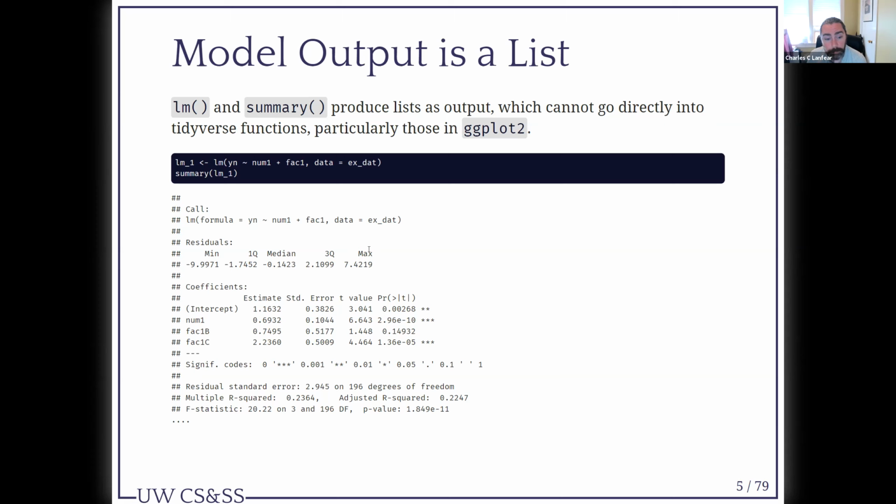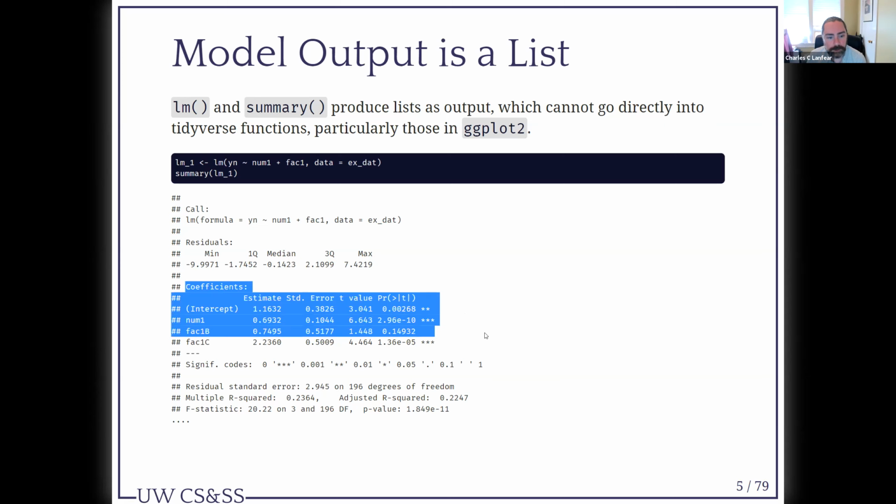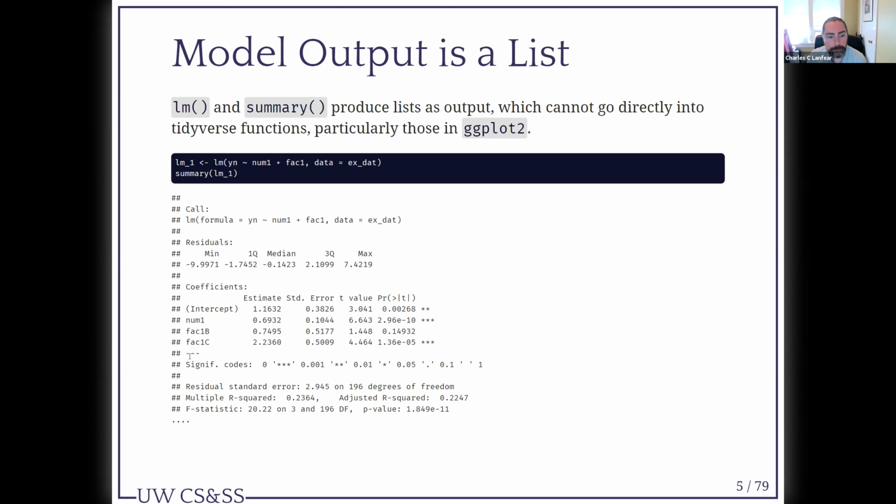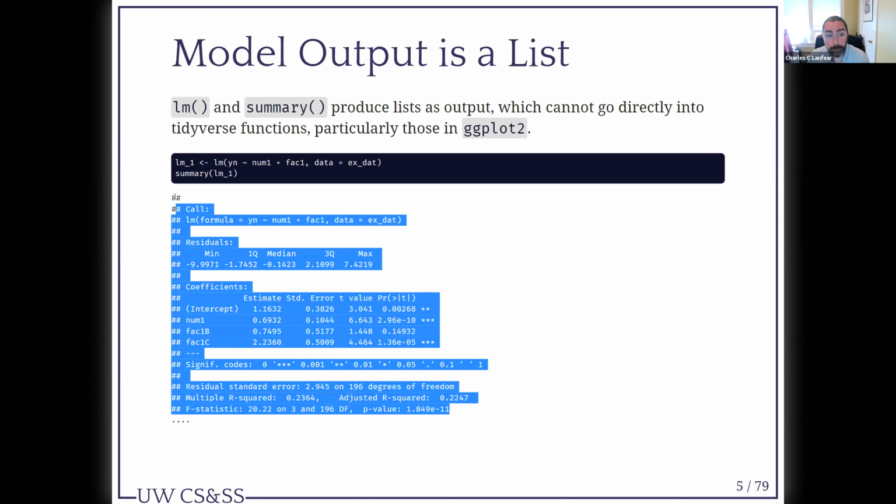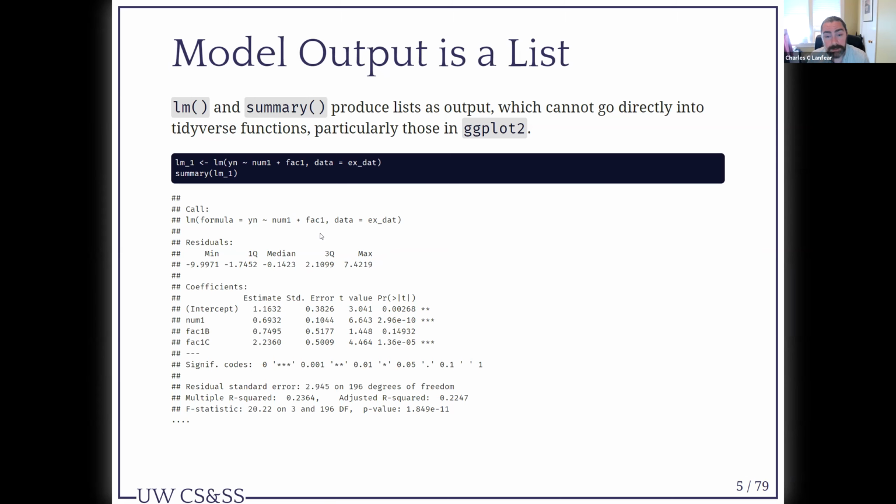This is a special print method of a list object, and it contains a whole bunch of different things: the call used to generate the model, information on overall model residuals, the coefficients in the model, some information on how to interpret them, and then a bunch of other junk like overall model fit stuff, R squared and things. Okay? This is a list object. This is a nice output for you to look at, like in your console, but it's not the sort of thing you would ever put inside of an actual document you'd hand to a normal person.